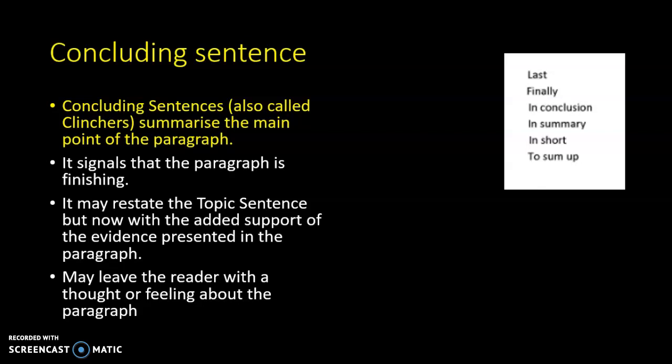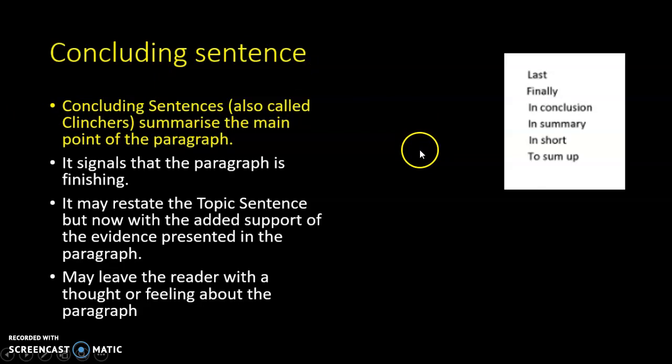A really good concluding sentence might even foreshadow the following paragraph, but that's really high level writing and very hard to do, so have a go, but don't be disappointed and don't try to do it all of the time.